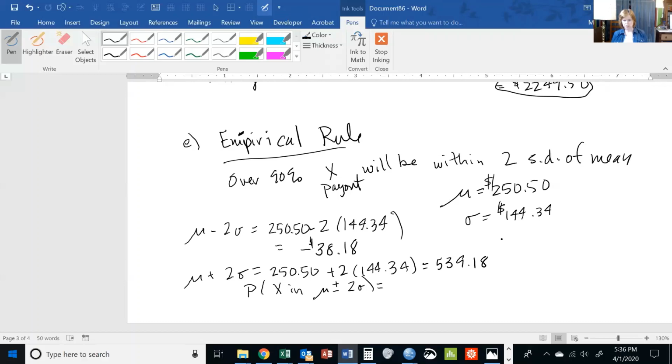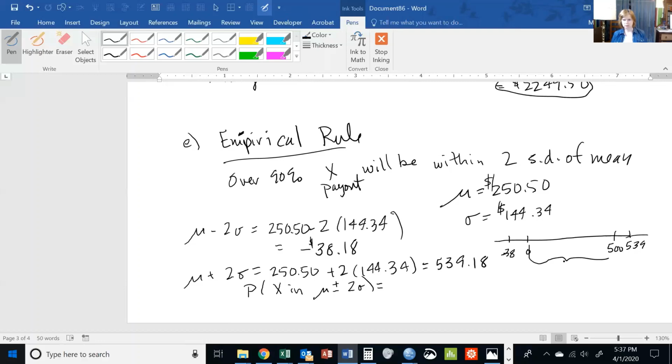If you do a little number line, according to my rule this would be somewhere from negative $38 to positive $539. I just rounded. But my possible values go from 1 to 500, so everything is in between.